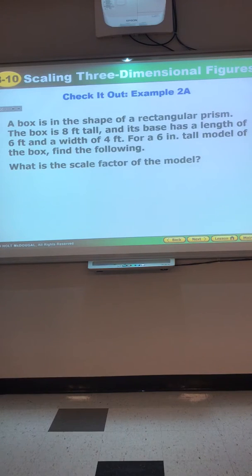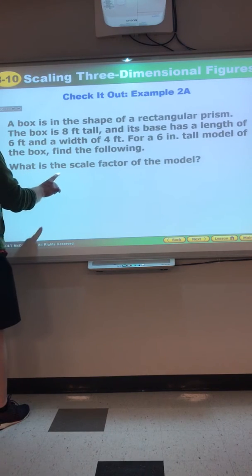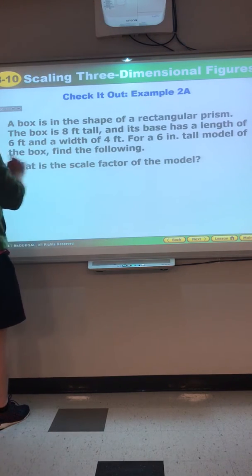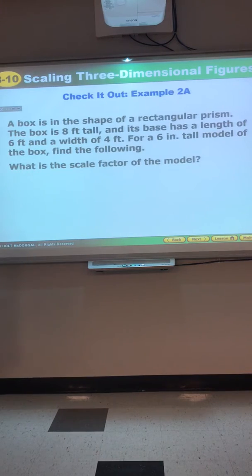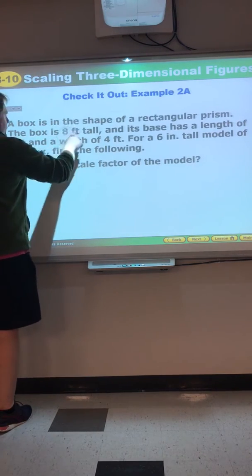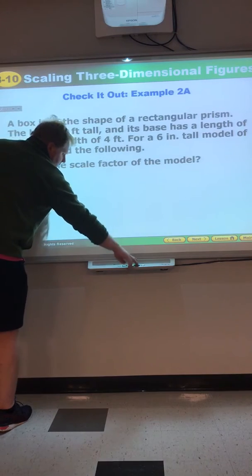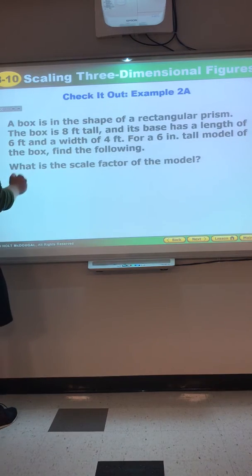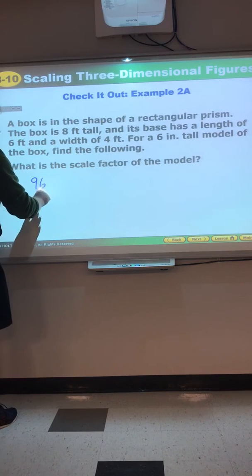Now, the box is 8 feet tall, and its base has a length of 6 feet and a width of 4 feet. For a 6-inch tall model of the box, find the following. So, what is the scale factor of the model? So it went from 8 feet tall, and it's going to be 6 inches tall. So we need to turn 8 feet into inches. Well, 12 times 8 would be 96.